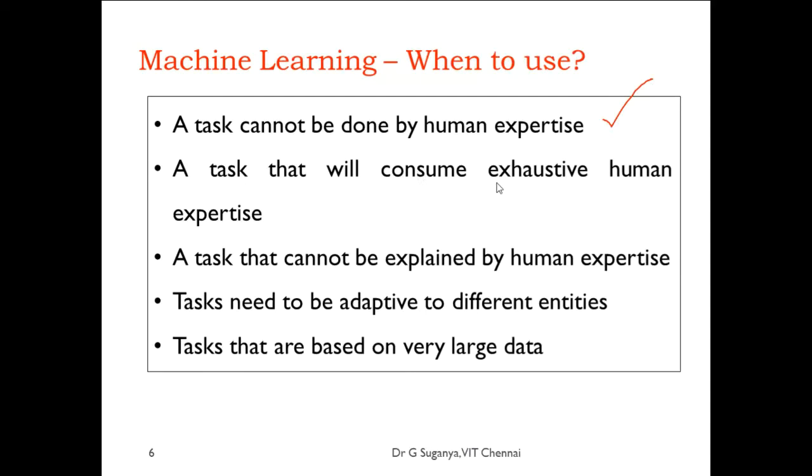A task that will consume exhaustive human expertise. See, provided with this much computational support, it's not always good to use a human being which will consume exhaustive time. So we should not waste the human power. That's where you can use it. Also when a task cannot be explained by human expertise, not every task or result can be given.